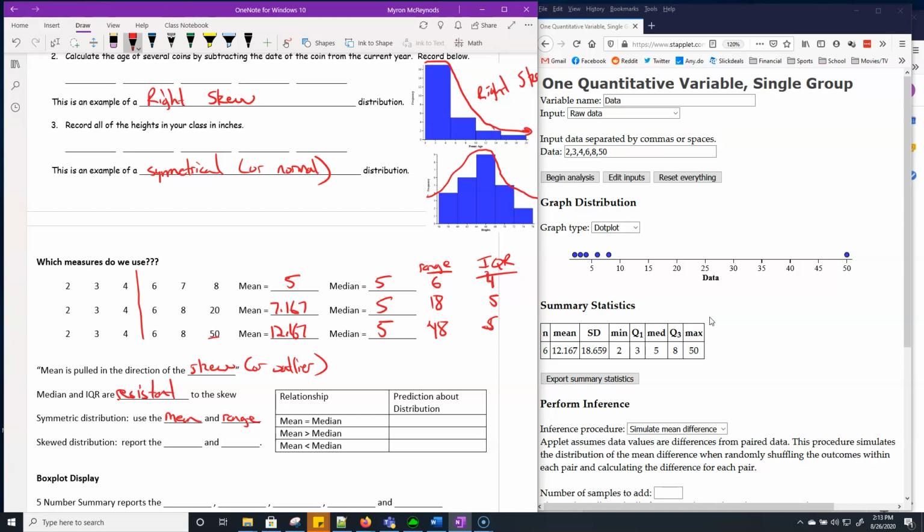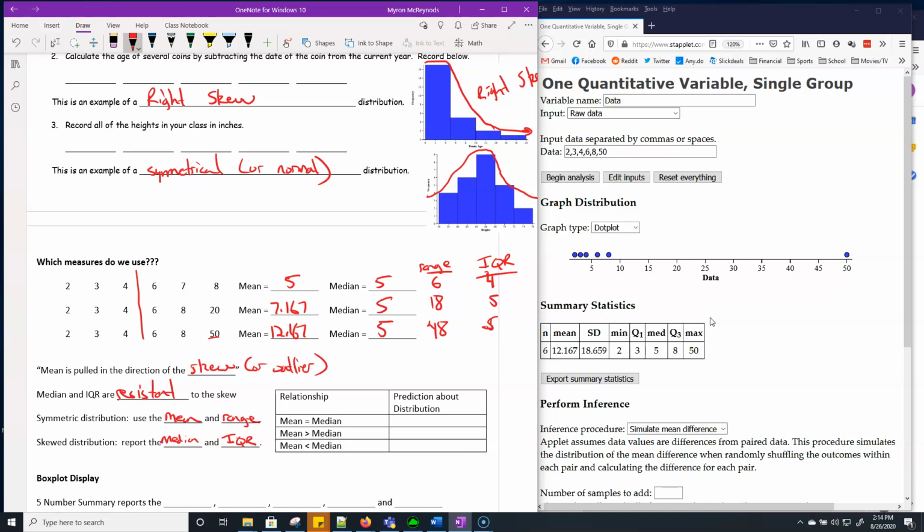But if it's skewed, you want to use median and IQR, because the median and IQR are resistant to that skewing, and it still gives you a more accurate interpretation of the data, like where the true middle is. The middle really is towards 5, right? No matter how big this number is on the end, the middle's at 5, right between 4 and 6. So it gives you a better interpretation of the center.